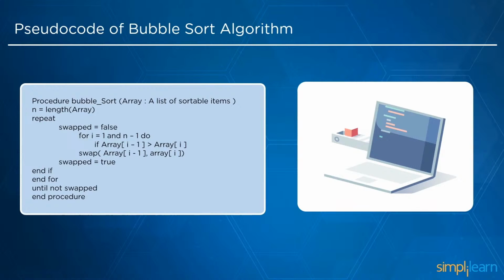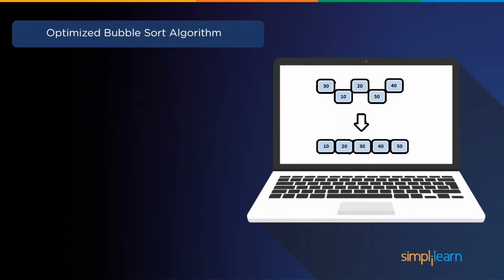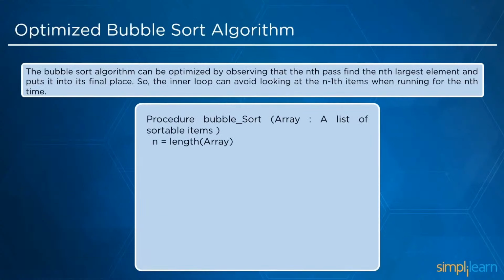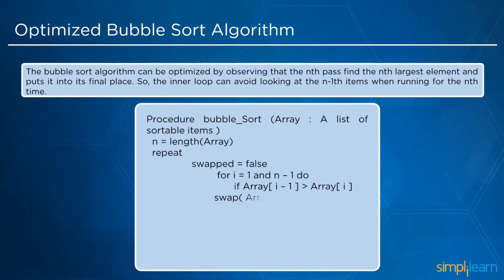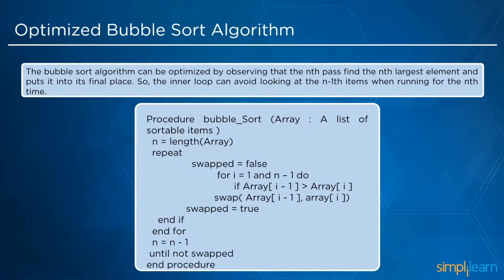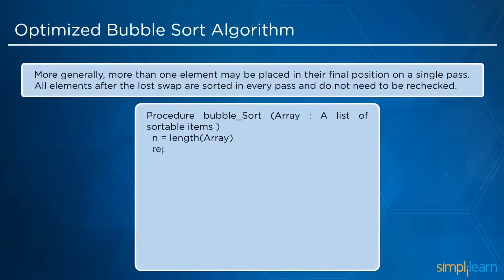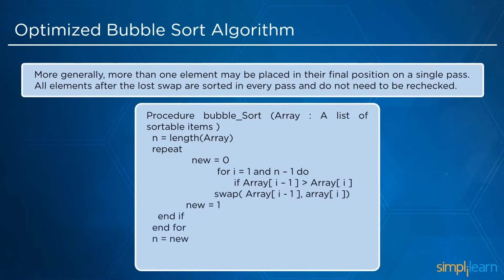After understanding the pseudocode of the bubble sort algorithm, let's learn about the optimized bubble sort algorithm. We can optimize the algorithm in a loop by programming it to avoid the comparison at the n-1 position after every iteration, since the nth element is already sorted in the previous iteration. More generally, more than one element may be placed in their final position on a single pass.